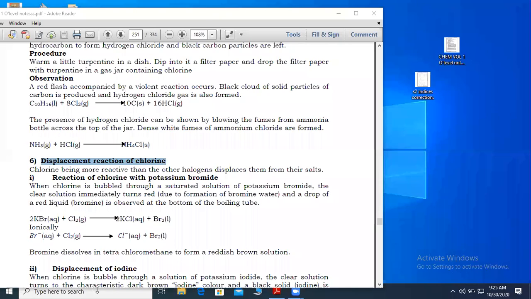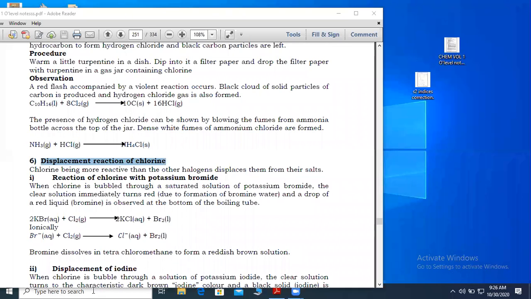So that's what we mean by a displacement reaction, where a more reactive element displaces another element which is less reactive in its solution.